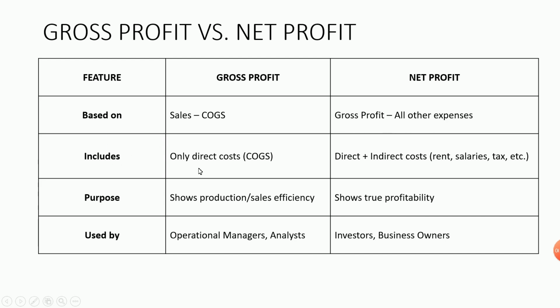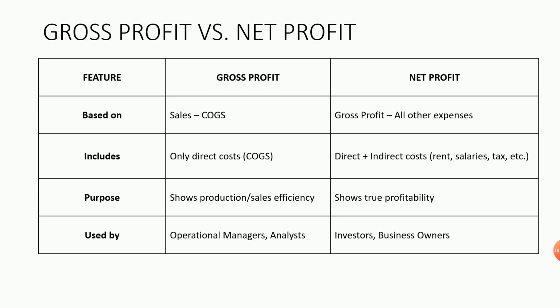What does it include? Gross profit includes only direct costs. Net profit includes both direct and indirect costs. What is the purpose? Gross profit shows the production and sales efficiency, and net profit shows the true profitability. Gross profit is used by operation managers and analysts, whereas net profit is used by investors and business owners.